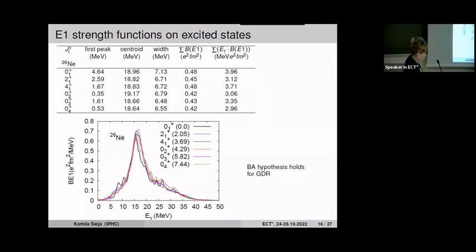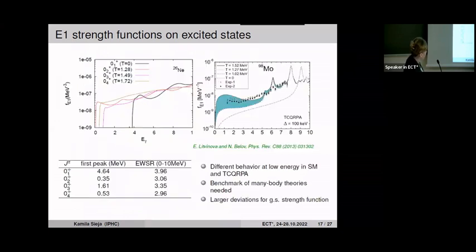So let's say for a moment that the Brink-Axel hypothesis holds for the giant dipole. And now let's look a little bit more in detail at these strength distributions at the lowest energies. And here I compare to this nice picture from Elena. So this is not the same nucleus and a different type of calculation, but this is very interesting.